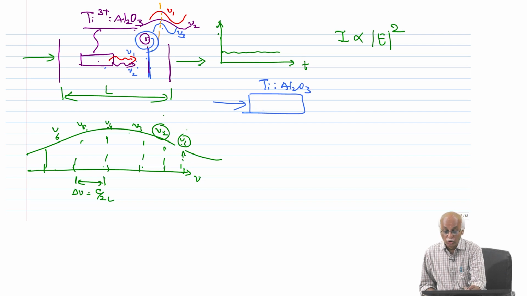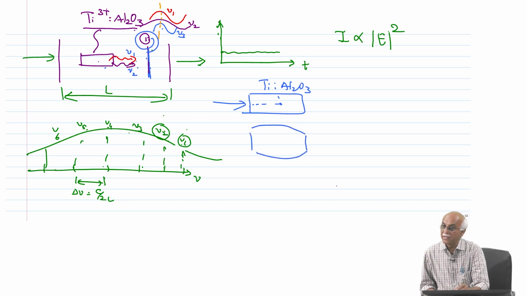If the light intensity is large in the center, it will have a large refractive index in the center, and the beam at the outer periphery will have lesser intensity, so it will have less refractive index. So basically this material will act as a lens.